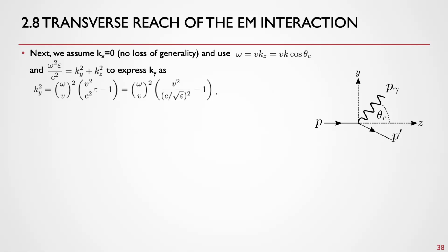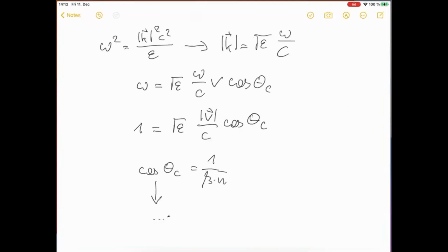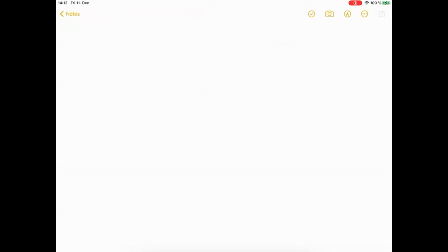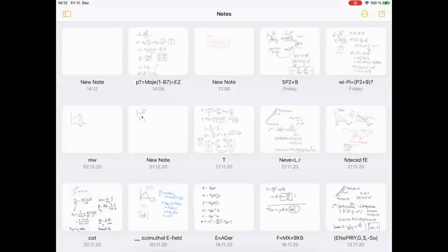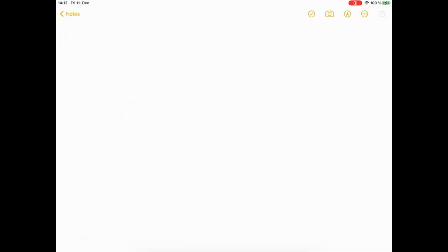And I think that's the last calculation in the lecture or so. Almost. So I'm sharing. And let's start anew. We start a new window, and we calculate.